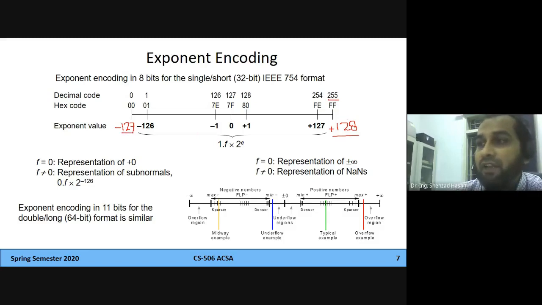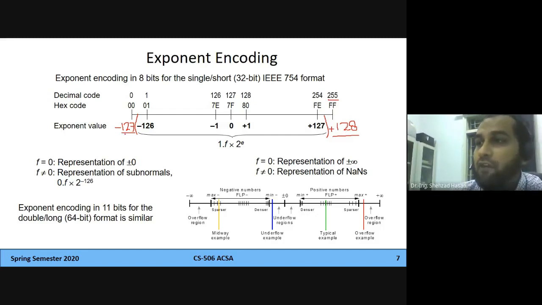So -127 is reserved and 128 is reserved, and -126 till 127 are the usable ranges. You can have any number from this range, but -127 and 128 are reserved for zero and infinity.